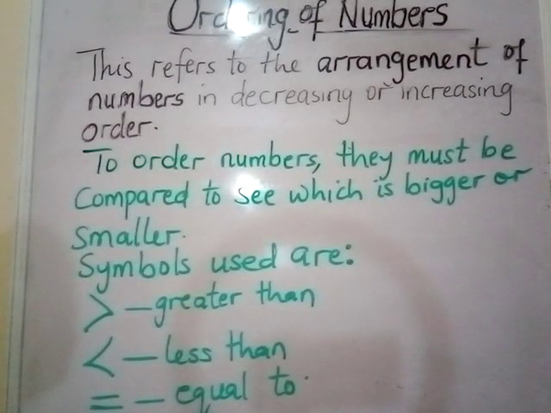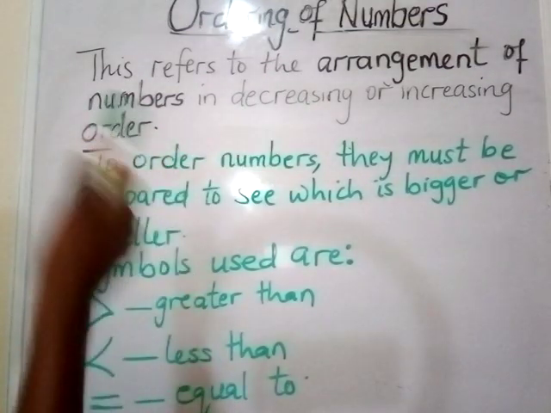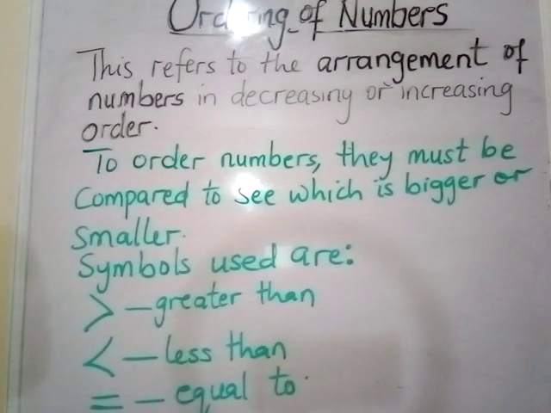And in this lesson in mathematics, we'll be looking at ordering of numbers. Ordering of numbers. What does that mean? When you order numbers, it means you are arranging them in a certain order, in a certain way, whether it's in a decreasing order or in an increasing order, whether you are increasing from the smallest to the greatest or arranging them in the order of the greatest to the smallest number.